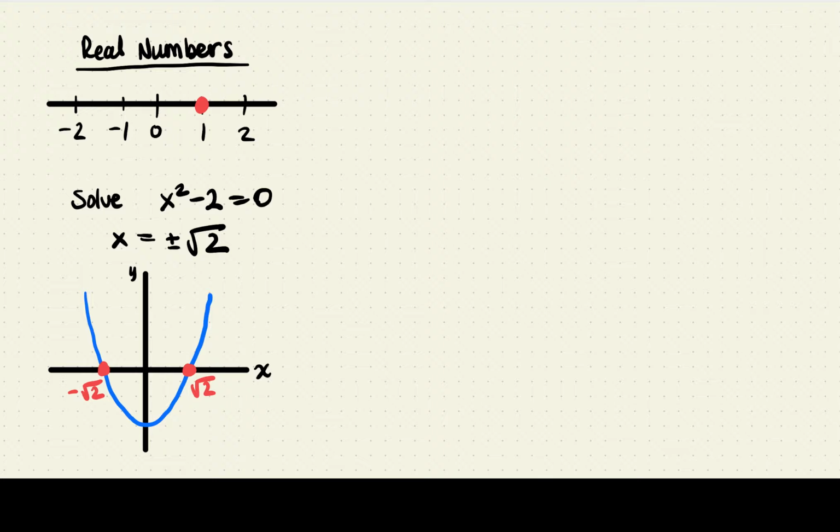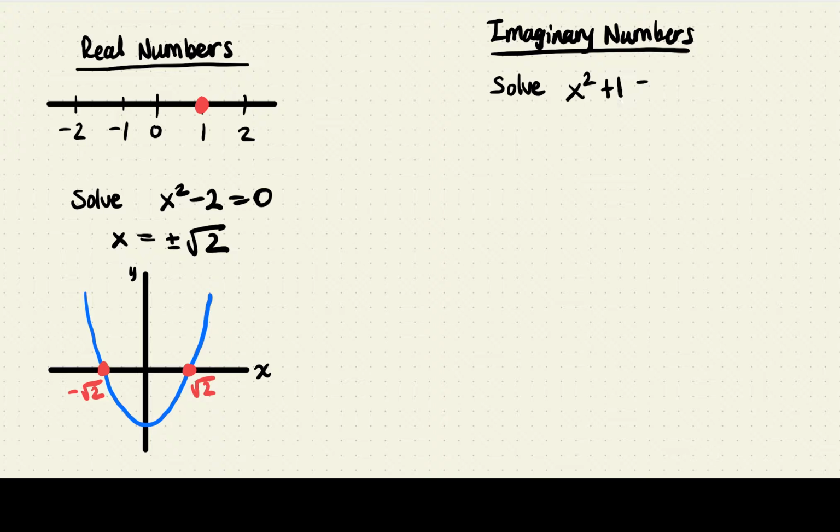Okay, imaginary numbers come from wanting to solve equations where it seems like there's no solution in the real numbers. So say we wanted to solve the equation x squared plus 1 equals 0. In calculus, you might have said, oh, this has no solution. But really what you meant is that this has no real solutions.